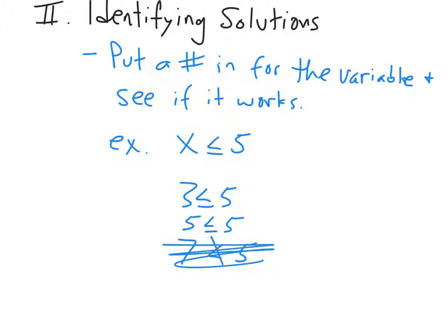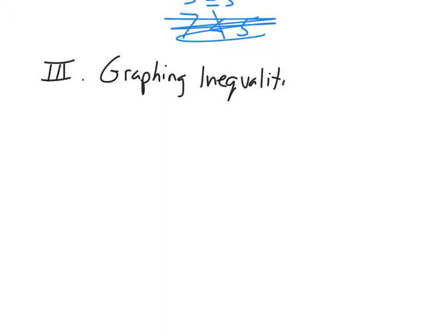All right, very last section in today's notes. Roman numeral 3, graphing inequalities. So if I were to do x is greater than 7, something like that.